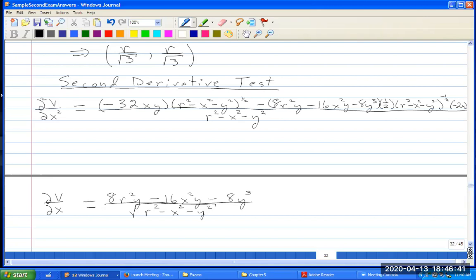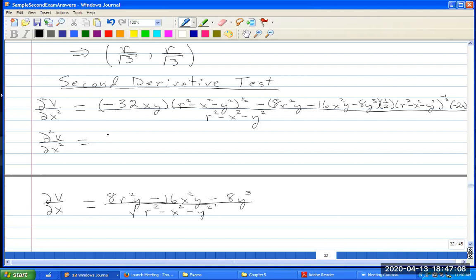And so this is equal to, multiply by r squared minus x squared minus y squared to the 1/2.